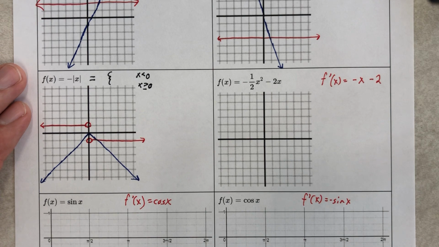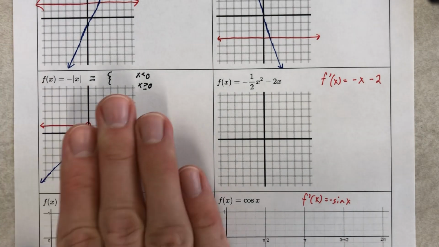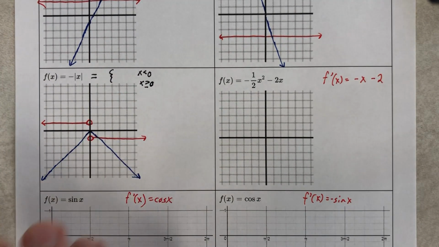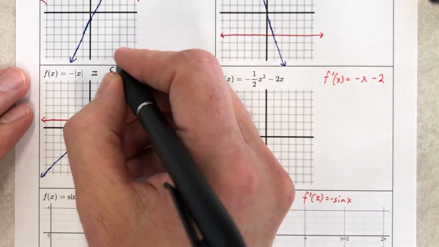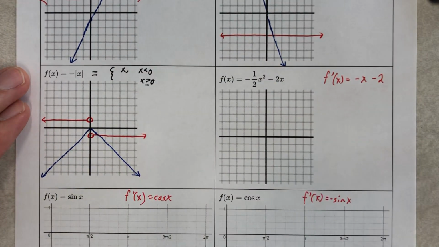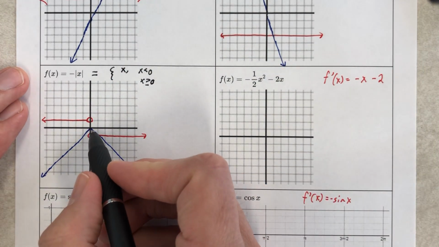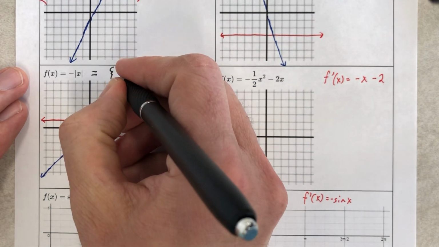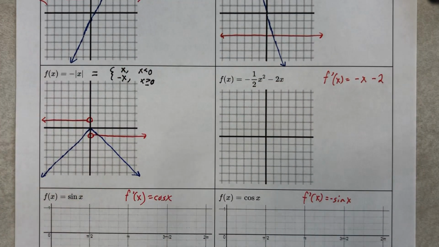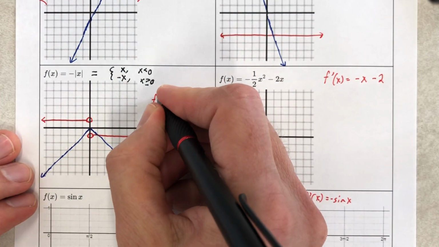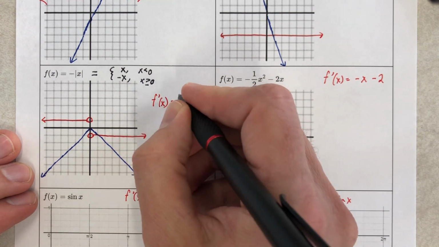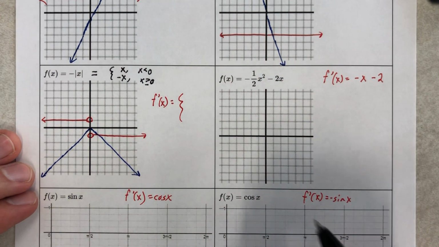So the line that is, well, this piece below 0, x value is less than 0, is going to be simply the line x. It's 1x plus 0. Y-intercept is 0, slope is 1. Here, the line is negative x, so negative x plus 0. So when I find the derivative, which to be consistent, I will write in red, I'm finding the derivative of a piecewise function, and that piecewise function still has two pieces.